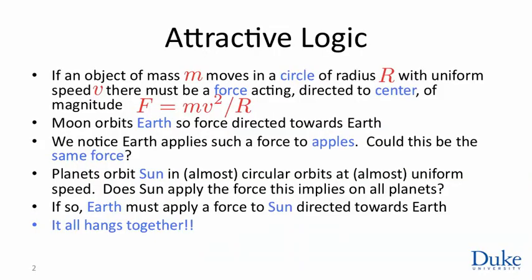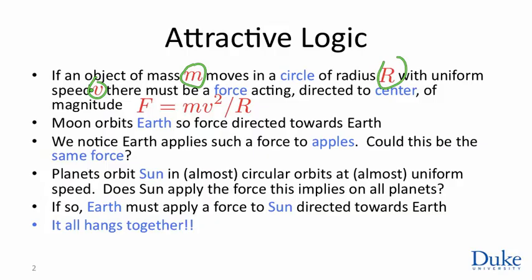Newton's mechanical understanding tells him that, as we saw, if an object of mass m is moving around in a circle of radius r with uniform speed v, which is a simplified version of the elliptical motion that Kepler actually studied, Newton was doing the general case. We know that moving around in a circle involves a centripetal acceleration towards the center of the circle.